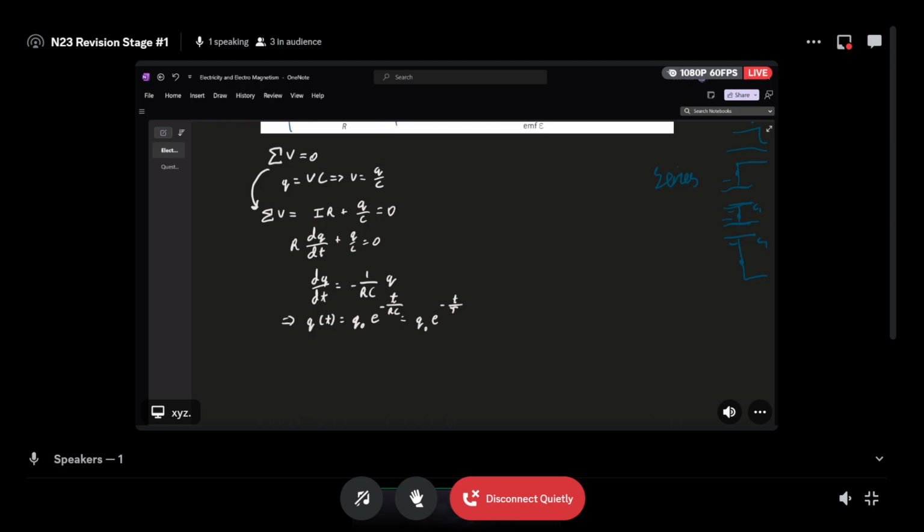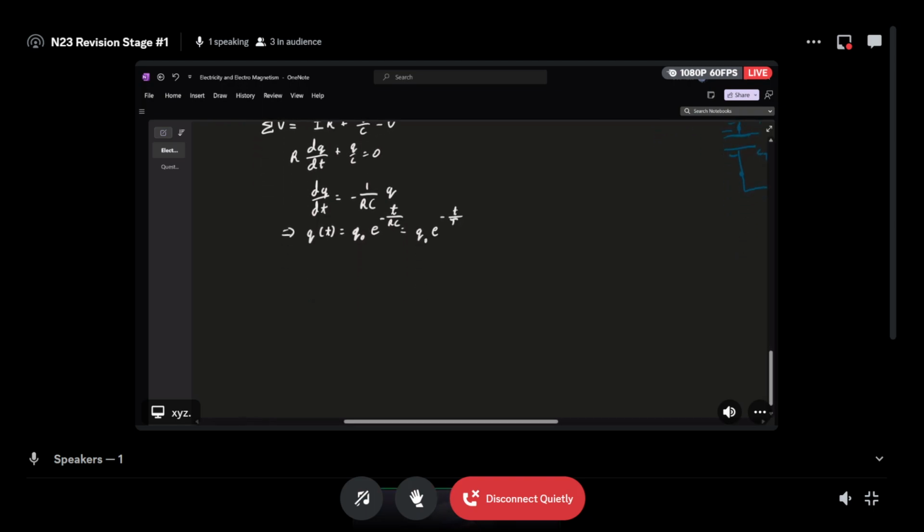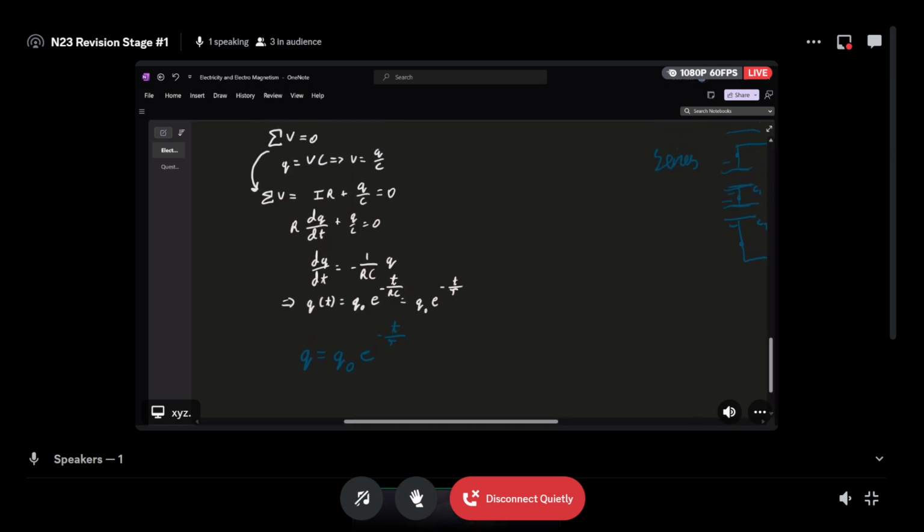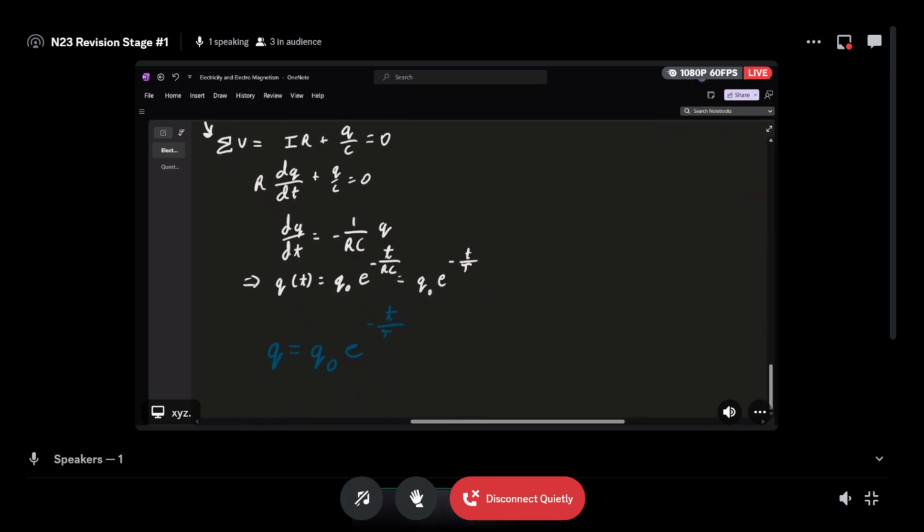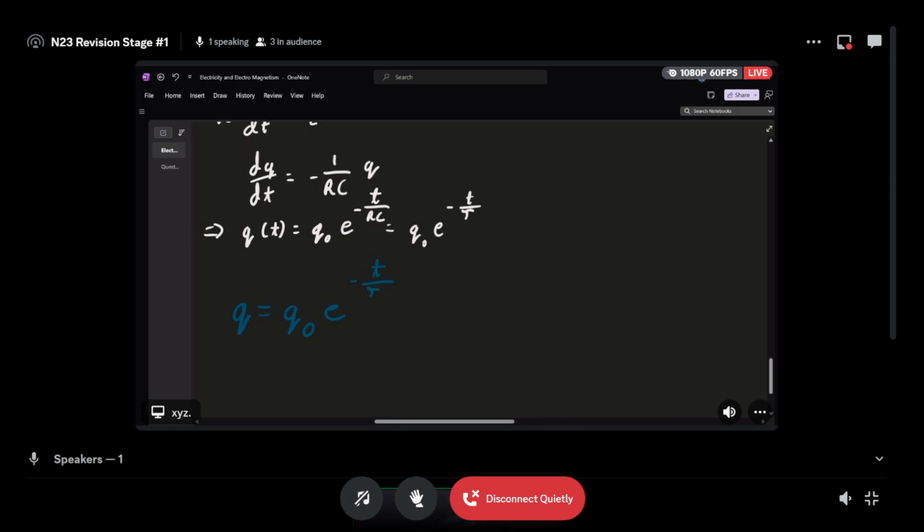And we get our discharge equation, which is that our charge is equal to our initial charge times e to the power of negative time, divided by the time constant tau. And the time constant tau is RC, and that's in our data booklet.